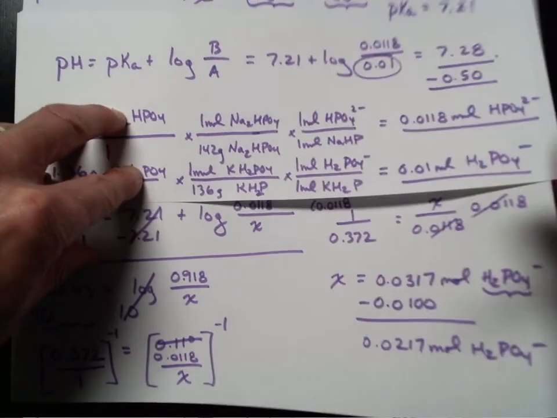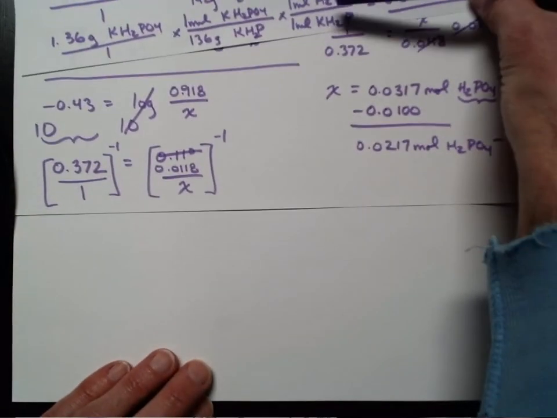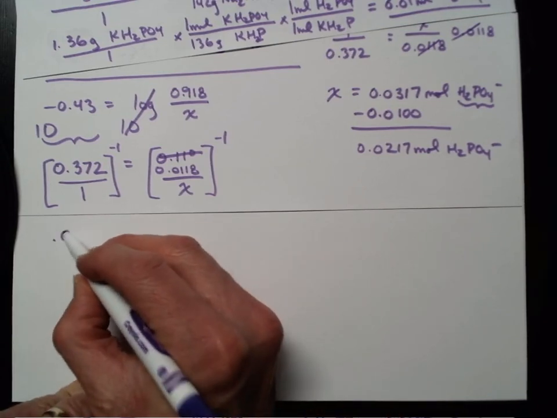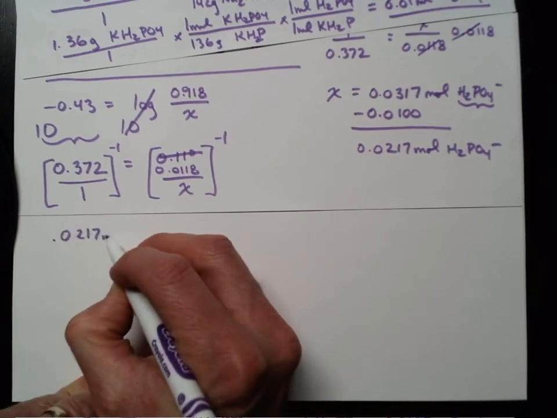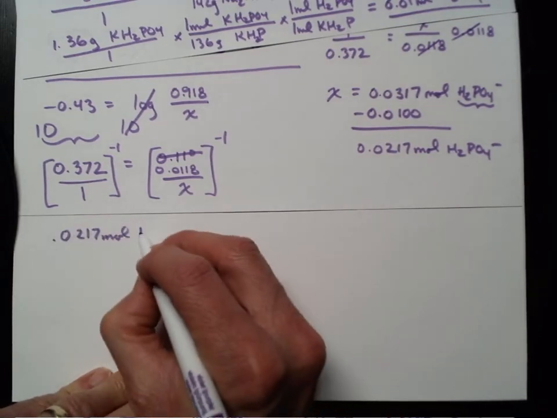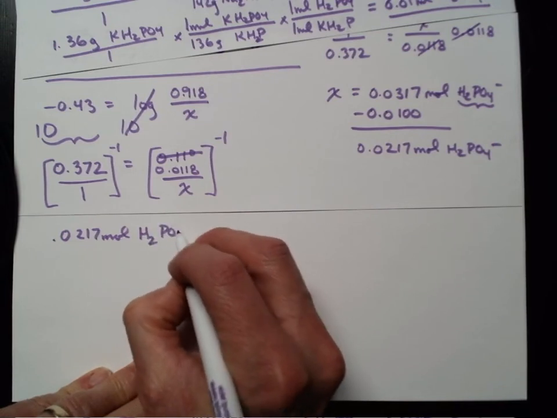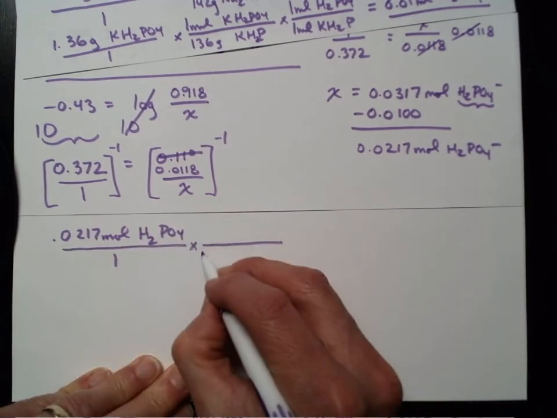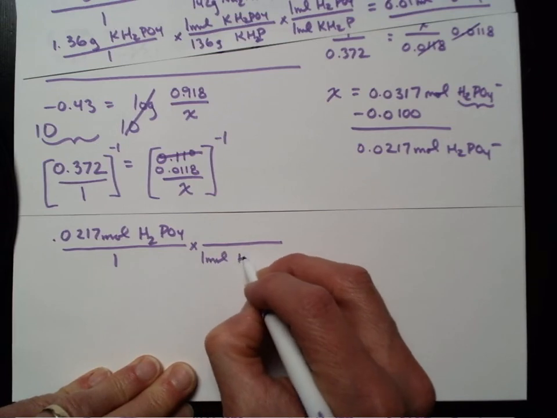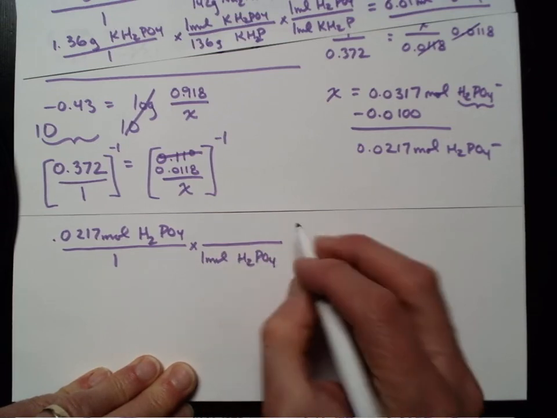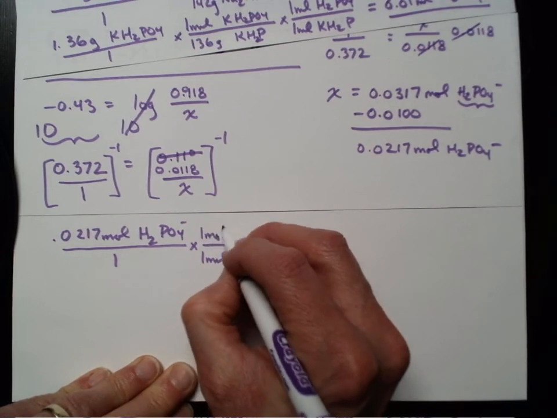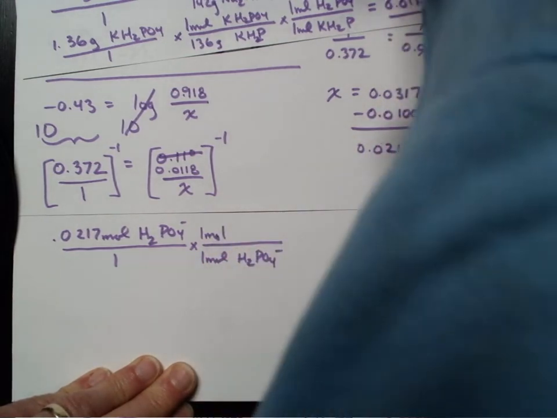All right, keep going here. 0.0217 moles of dihydrogen phosphate is what I'm going to need to add. And we remember, for every mole of dihydrogen phosphate, we'll need 1 mole of, which was it?